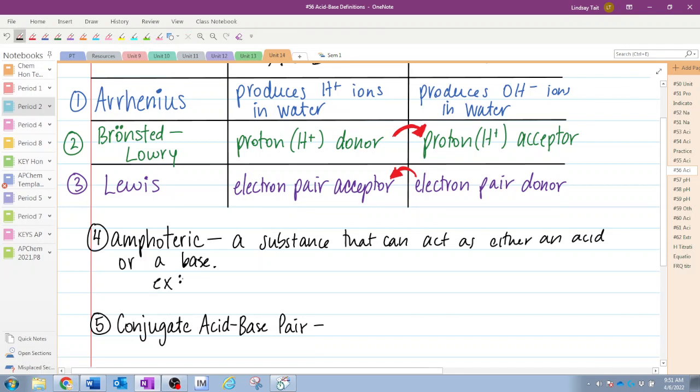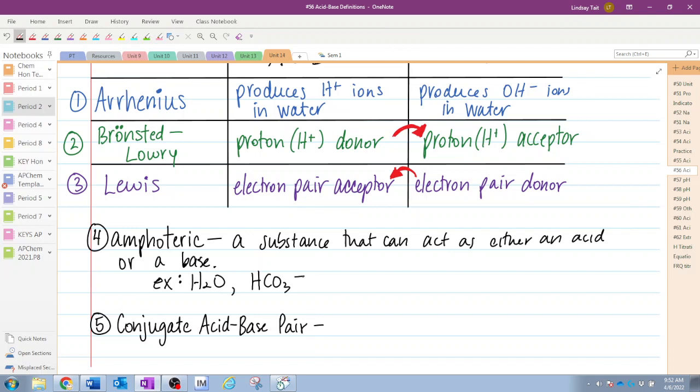So, let's start off with this. The most common example of an amphoteric substance is water. Water can accept a hydrogen ion. Water can donate a hydrogen ion. But another example is the hydrogen carbonate ion. That's one that you did memorize. It's not showing up on your quiz tomorrow. Don't panic. But HCO3 minus is hydrogen carbonate.